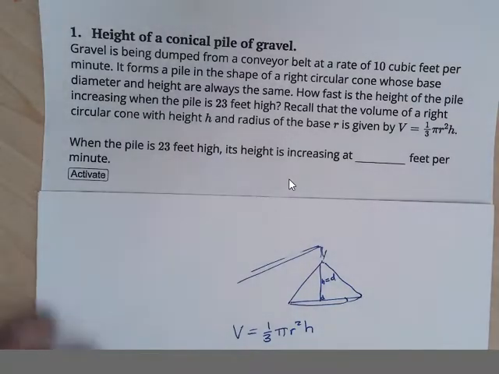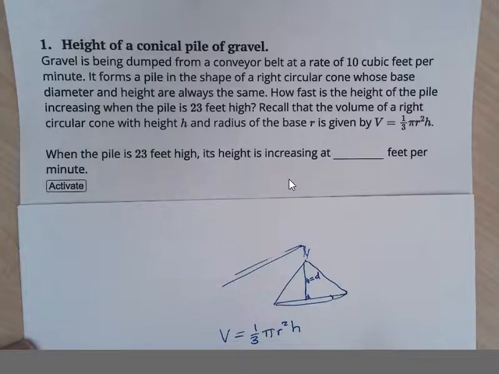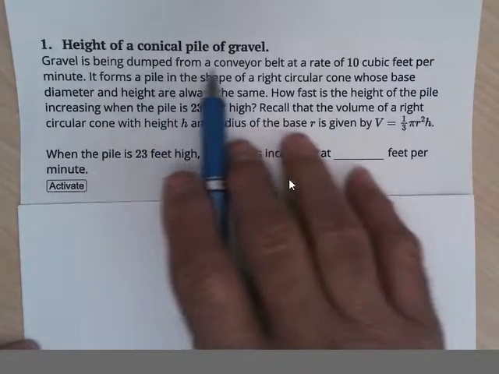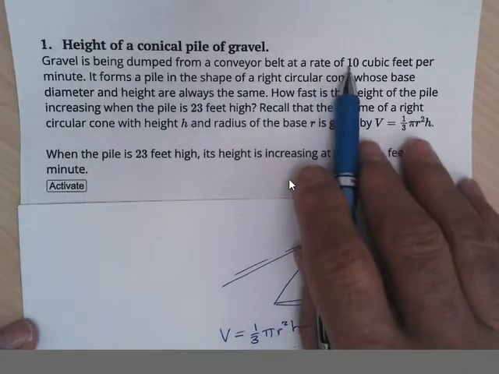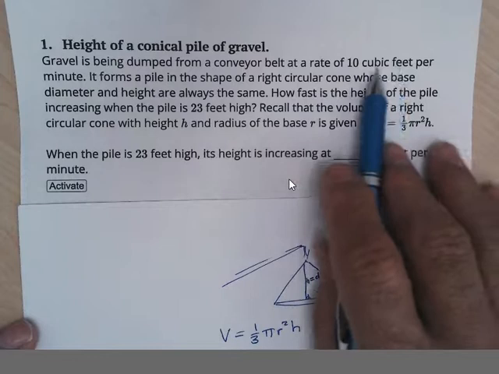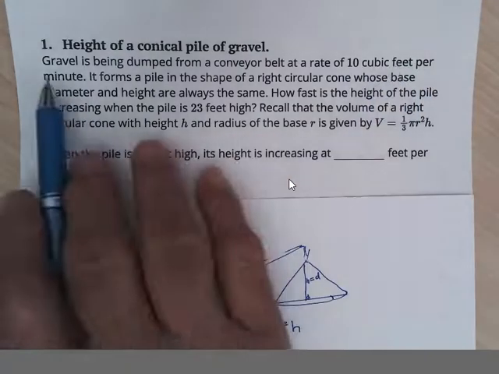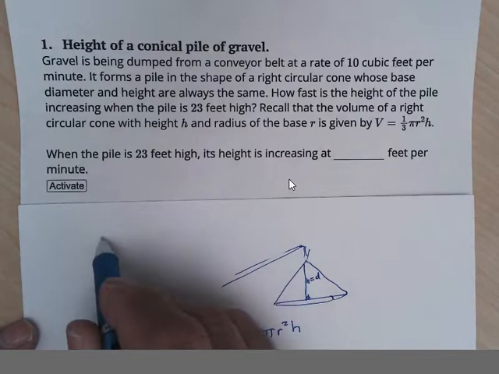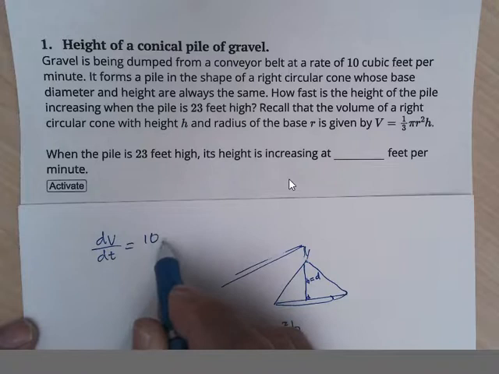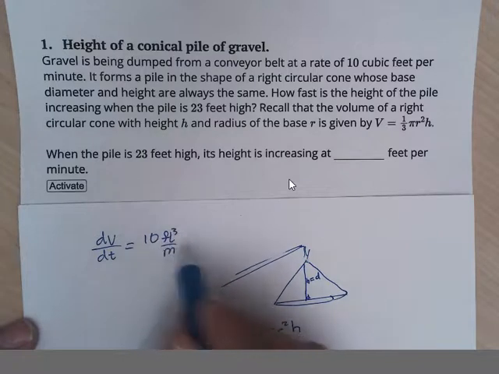So now we need to go back through and look at what we have in here. The gravel is dumped from the conveyor belt at a rate of 10 cubic feet per minute. Volume per time. So that's the change in the volume over the change in time, dV/dt, is 10 feet cubed per minute.